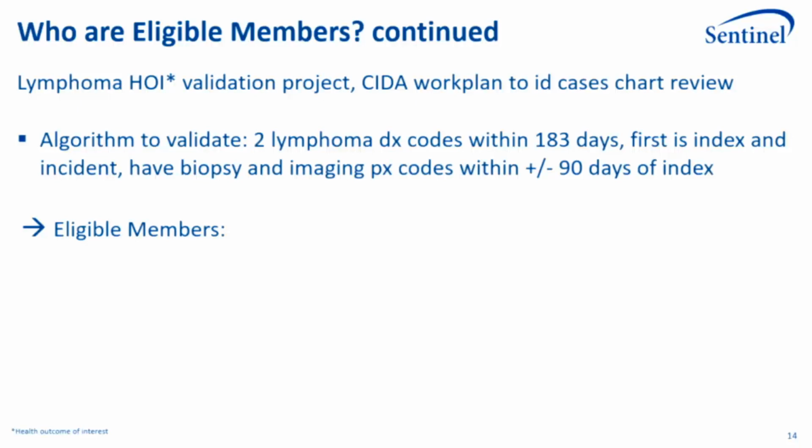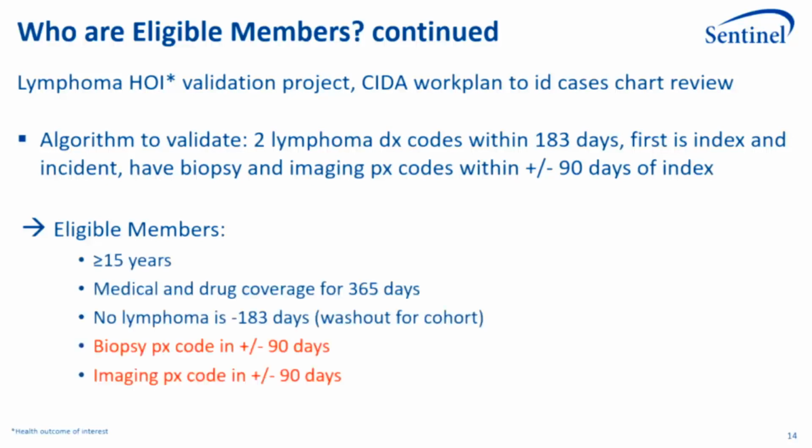The person would have to have 2 lymphoma diagnosis codes within 6 months of each other. The first one is incident. And then they had to have a biopsy and imaging procedure codes in their history. So in other words, if you meet all these criteria, we're going to say, looks like you have lymphoma. We're going to sample from you and review charts. So we use CIDA to do that first part. So when we got the results back, these are all the different criteria that go into account for pulling that cohort.